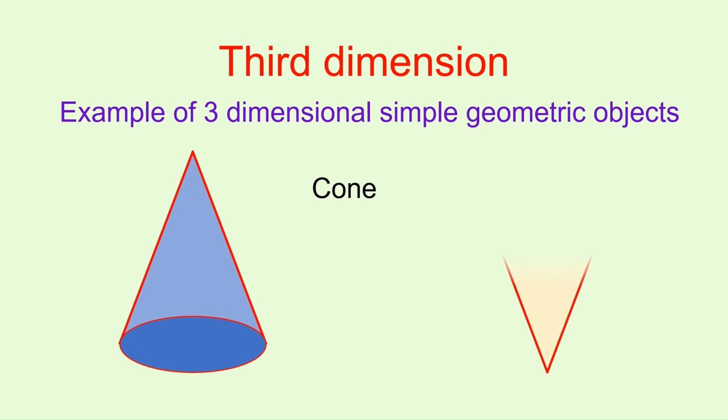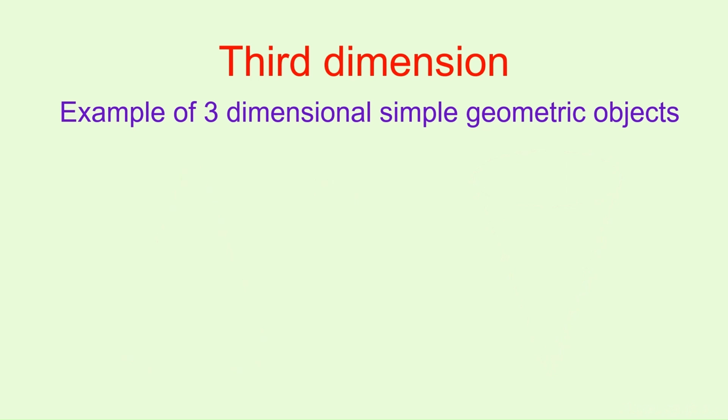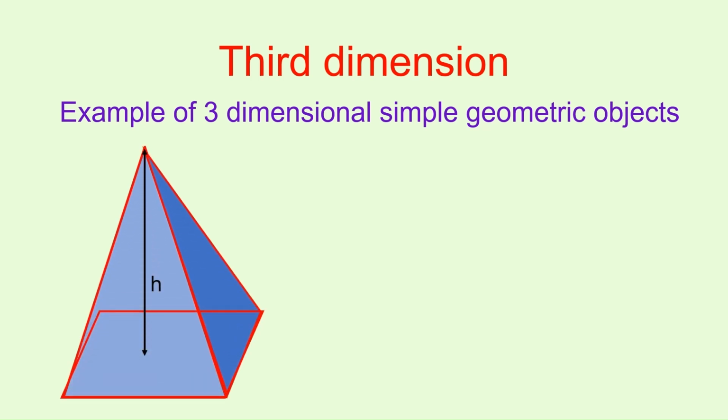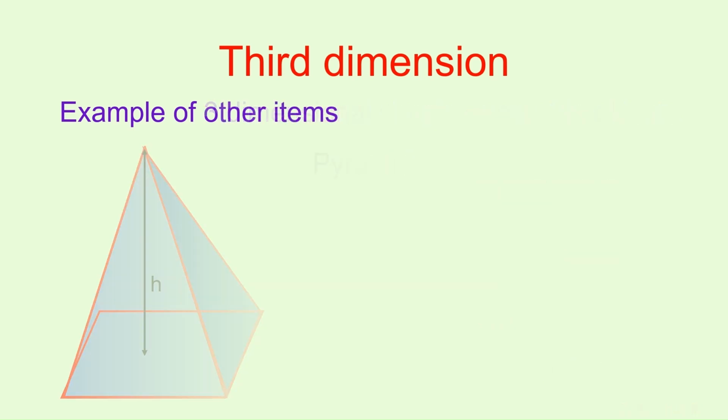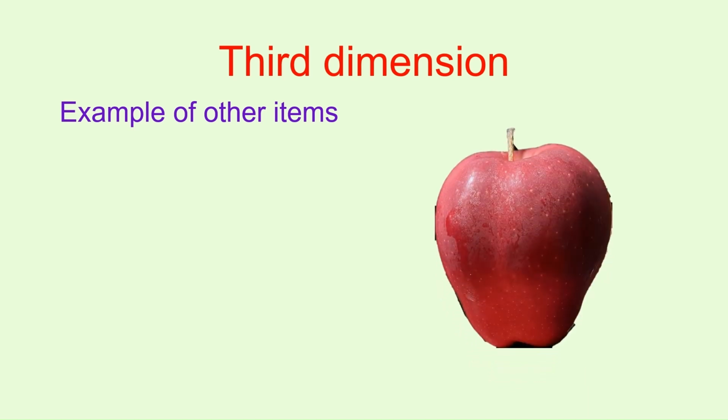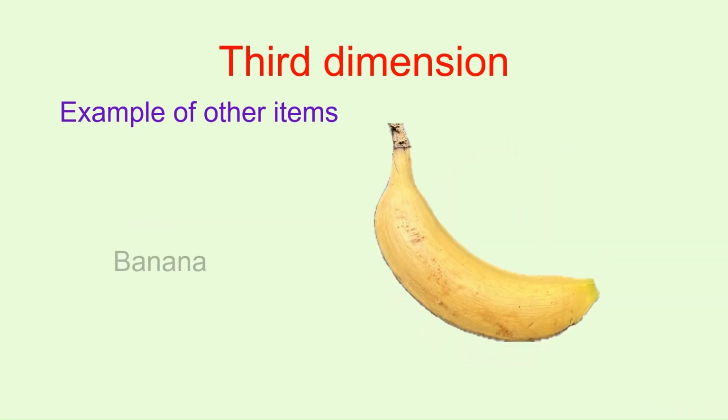Next is cone. Next is pyramids. Some other examples of three-dimensional objects we see every day in our life, like fruits and flowers and other objects.